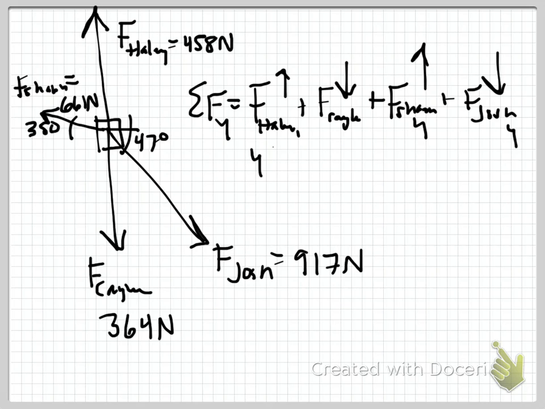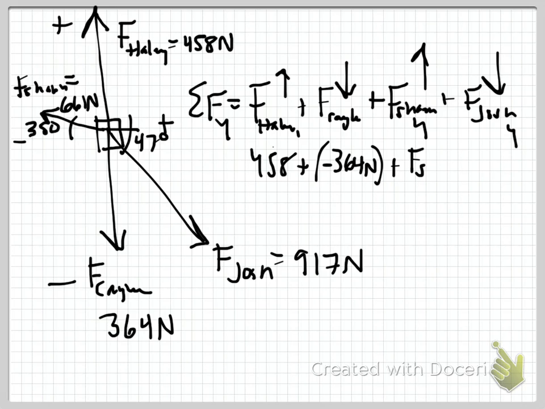These 2 are givens, 458, and when I was doing my calculations, I chose to use sort of the Cartesian normals: up, positive; down, negative; positive x-axis, positive; negative x-axis, negative. So I have 458 plus, and then the force of Cayley will be negative 364.